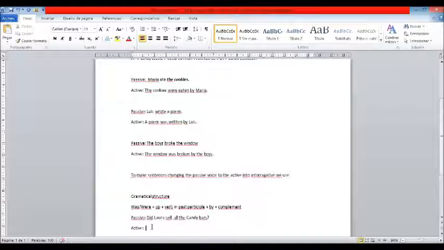Okay, the grammatical structure says that first of all we have to add was or were. In this case, candy bars is singular or plural? Plural. Yes, because bars.